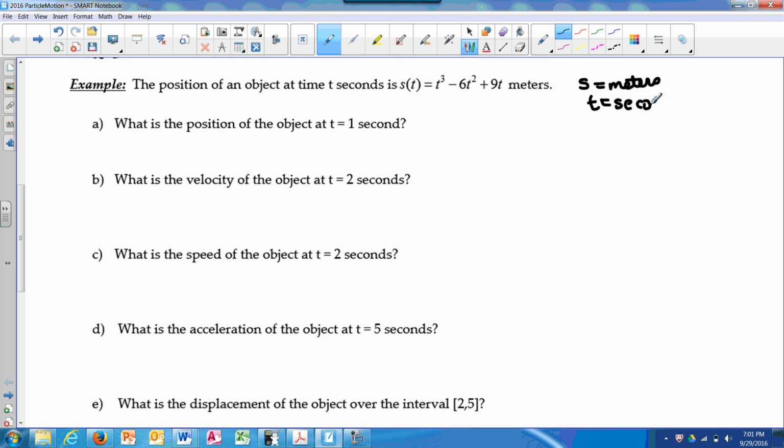So remember, velocity, for example, could be in feet per second if our position was measured in feet and time in seconds. A speed would also be in feet per second, but it would have to be the absolute value because speed doesn't care what direction we're going, only how fast.